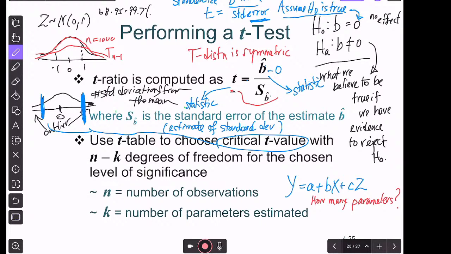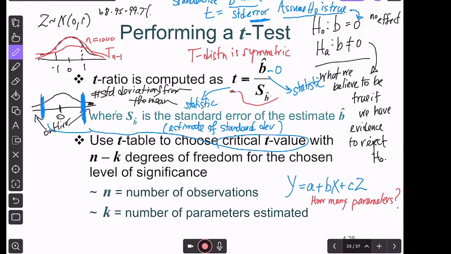How many parameters am I estimating? Nobody knows.